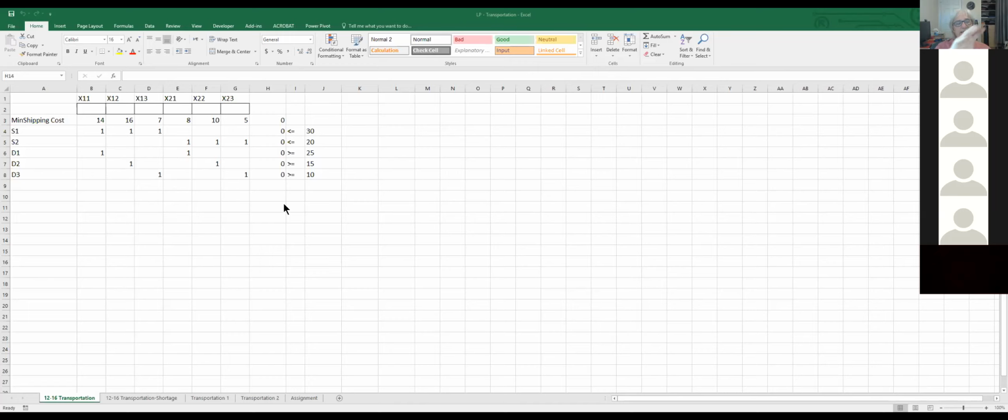The model has a diagonal kind of structure, this matrix. And the most important thing about this matrix is that these columns have 2 1s and 0s. If you have a large matrix like this, because you have many sources and many demand points, always you'll have 2 1s and many zeros.